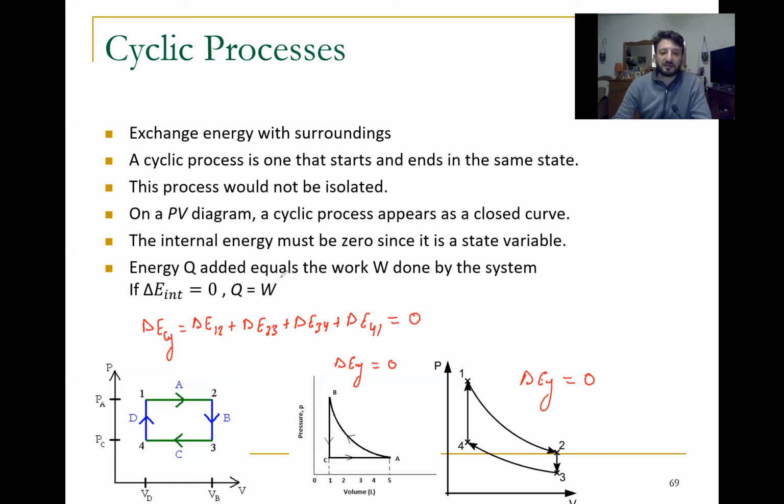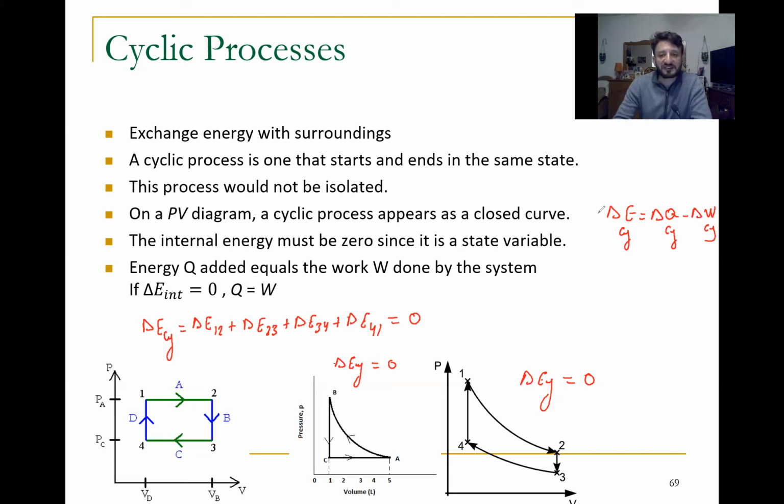Energy Q added equals the work omega done by the system. You know, we have delta E equals delta Q minus d omega. We can apply this relation for one cycle, and you can also apply it for one process between 1 and 2.